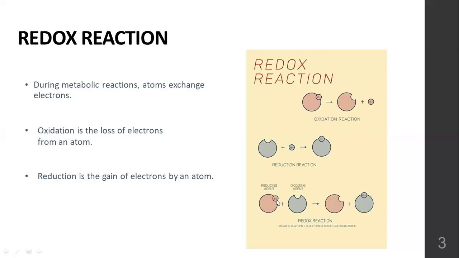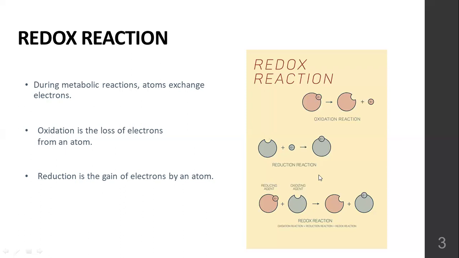One will take the electron away from another atom. Atom A, atom B. B is taking the electron away from A. So the one who is taking the electron away, the one undergoing reduction, is the oxidizing agent. Don't get confused.